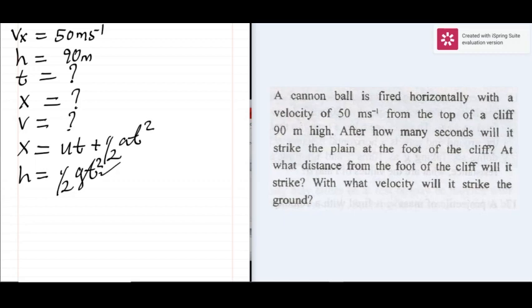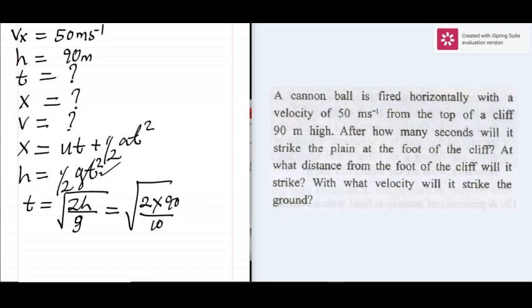Making t the subject of the formula, we have t = square root of 2h over g. 2 times h, which is 90, and g is 10. That will lead us to the square root of 18. So the time is approximately 4.2 seconds.